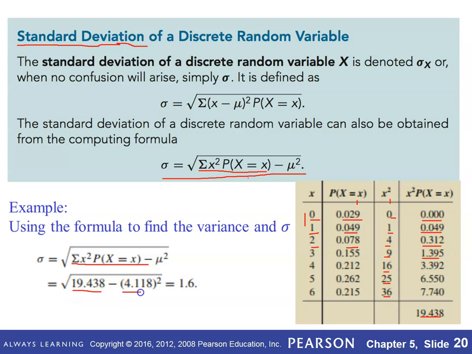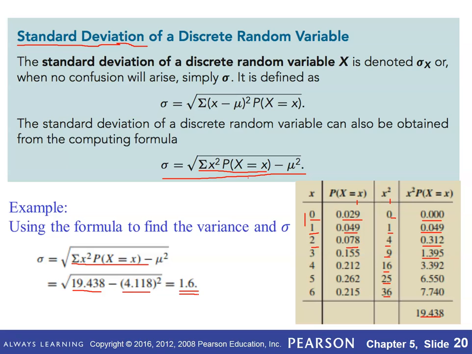Well, then we're going to subtract the mean squared. So we just figured out how to find the mean, which is to multiply each of these columns together, and get those values and add them together. That's the mean squared. So it's going to be this number minus the mean squared. That would actually be considered the variance, but then we're going to take the square root of that number, which is 1.6.